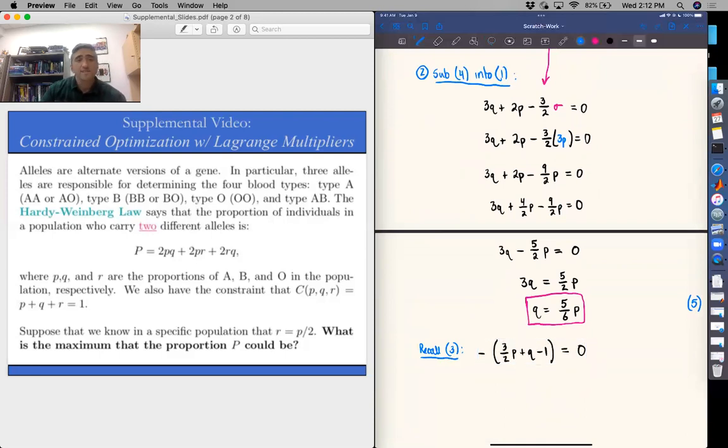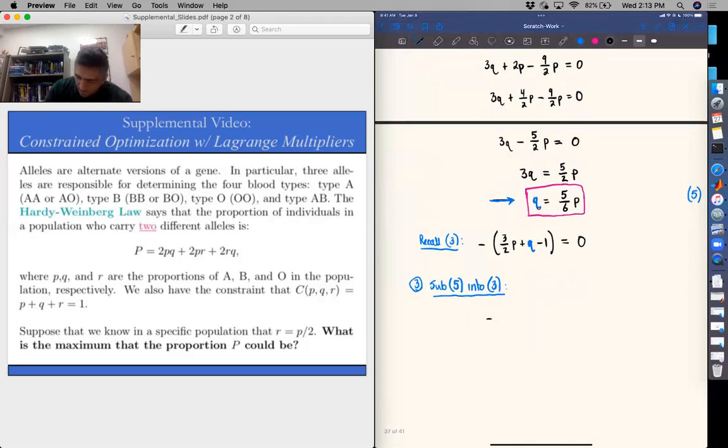Equation 3 itself is basically just in terms of p and q. So we could have found a relationship between p and q from this equation, although we already found a relationship between p and q. So what we can do is, anywhere there's a q, we can substitute in what we know for q already from equation 5. So I'll just say substitute 5 into equation 3.